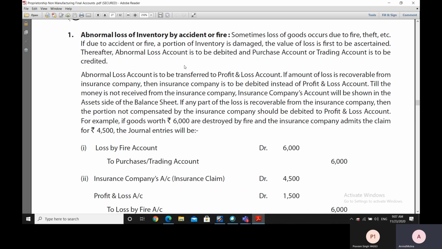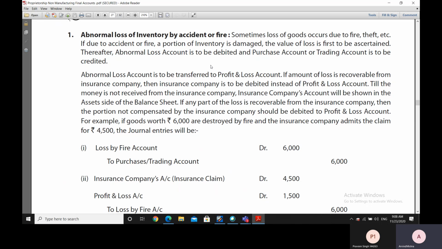So the entry that we have made so far is that we will credit the abnormal loss account and we are debiting the insurance company. So debit insurance company, credit abnormal loss.